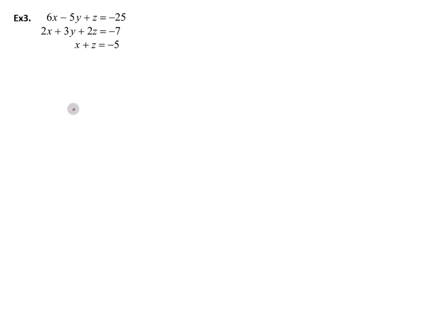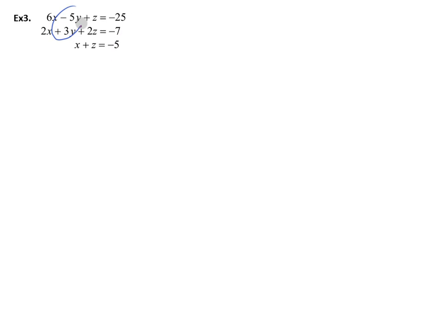So if I can create another equation that just has x and z, I'll have my 2 by 2 system. So I think that gives me the idea that I want to eliminate y. If I can combine these top 2 equations and eliminate y, I'll get a second equation with x and z, and we'll have our 2 by 2 system.